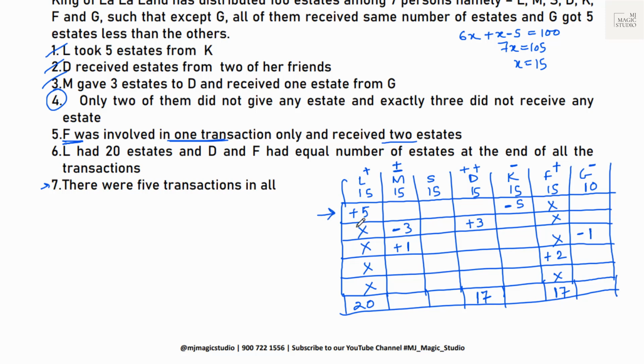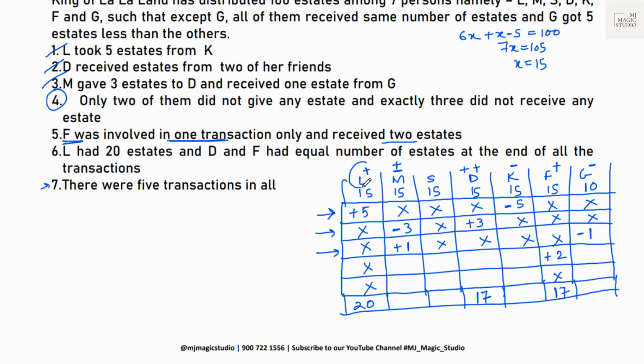Now we see that the first transaction is done. Second transaction done, minus 3 plus 3. Now minus 1 plus 1, the third transaction is also over. Now this plus 2. M, only 2 of them did not give any estate. L's transaction sequence is over.